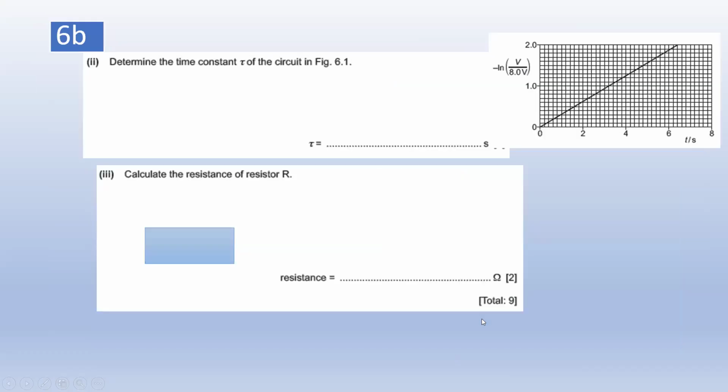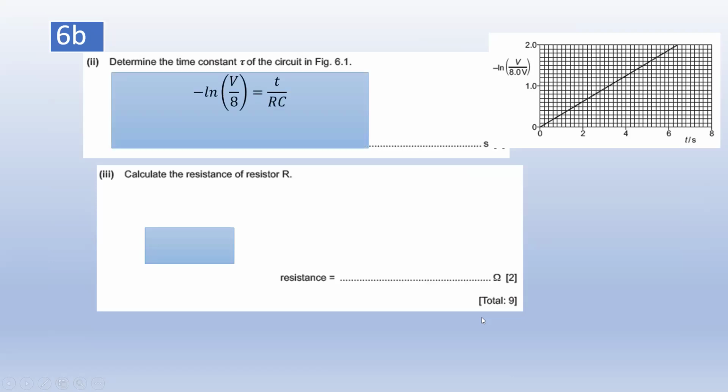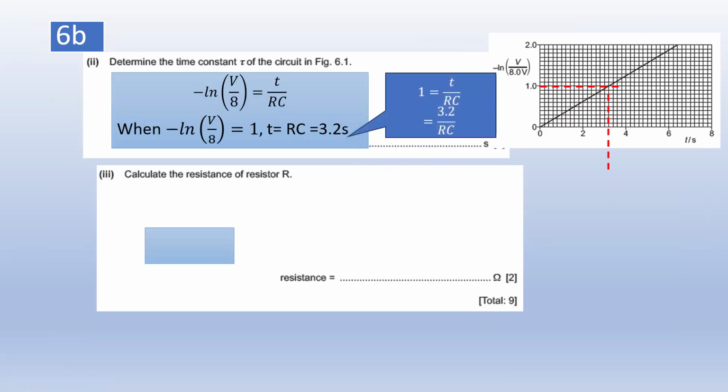Determine the time constant tau of the circuit. Just read 1, and then your time constant is 3.2. When you calculate, t equals 1, and this is your RC equals 1.